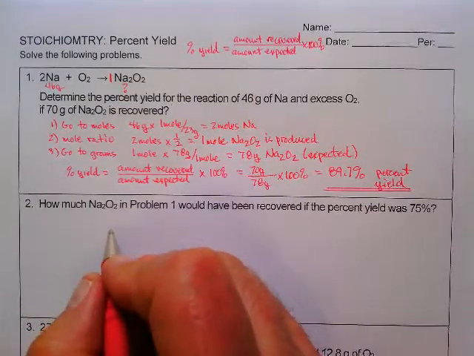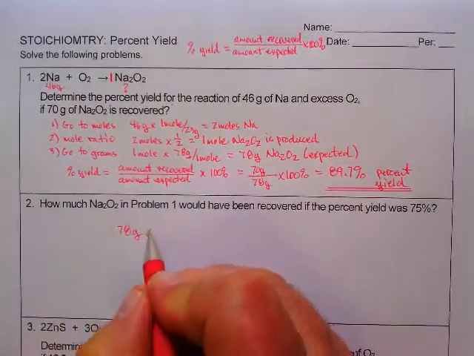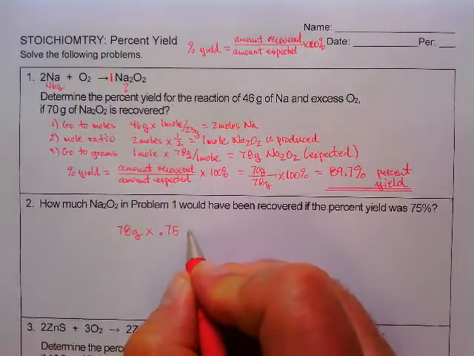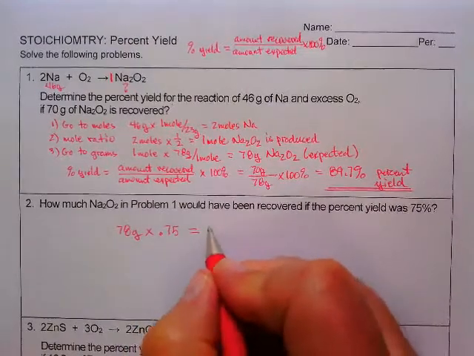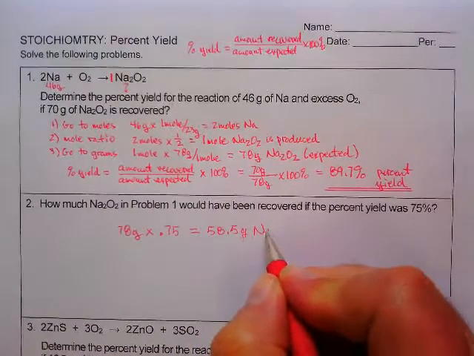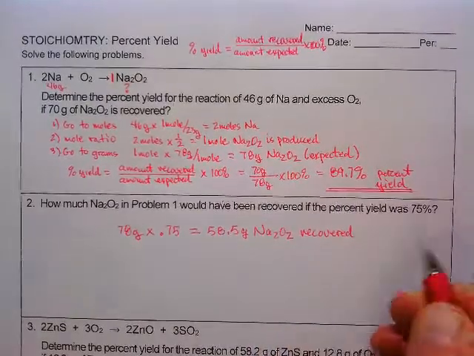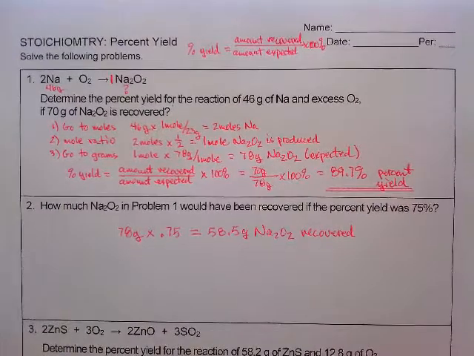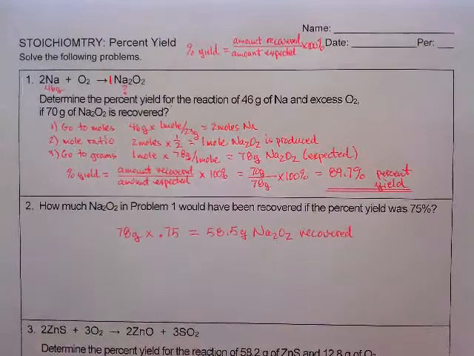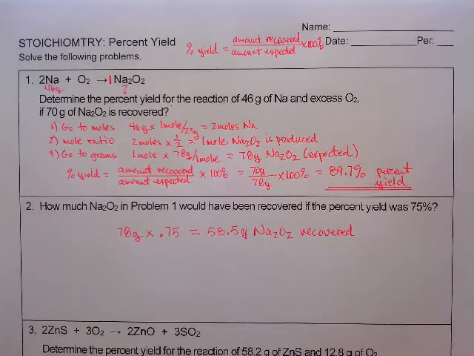I can take the 78 grams that I was supposed to get times, I want 75%, so I have to write it as a decimal, and I come out with 58.5 grams of Na2O2 recovered. So if I happen to know what the percent yield was, I could work out how much I should actually expect to get. In other words, in reality, it's always going to be a little bit less than a perfect situation.